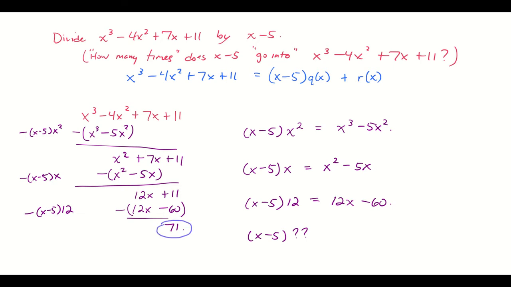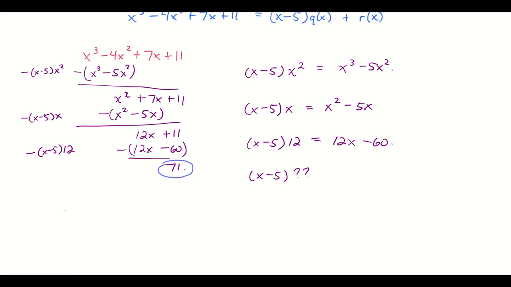So what we've shown is that x cubed minus 4x squared plus 7x plus 11 minus some very large multiple of x minus 5, because we ended up taking out x squared times that, and then x times that, and then another 12 times that, left us with a remainder of 71.